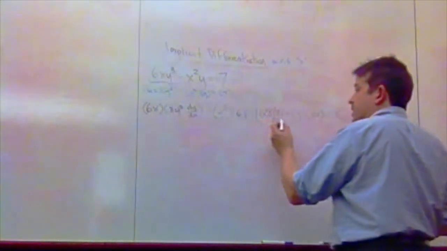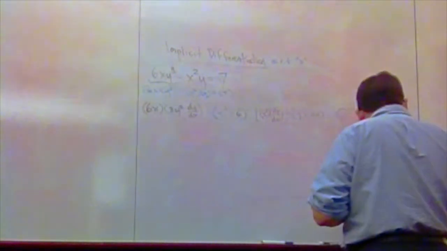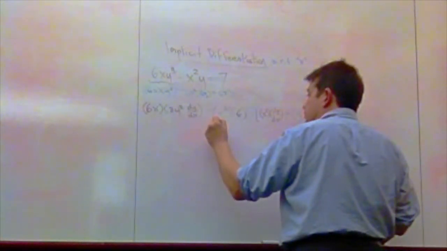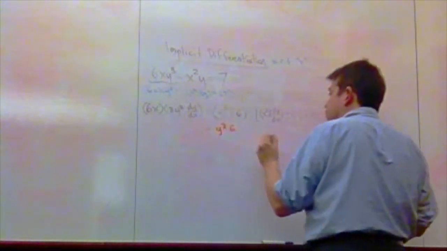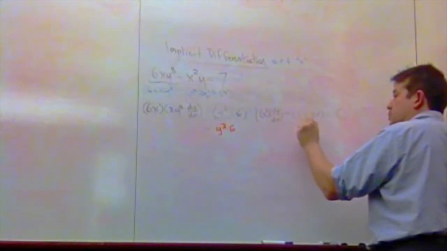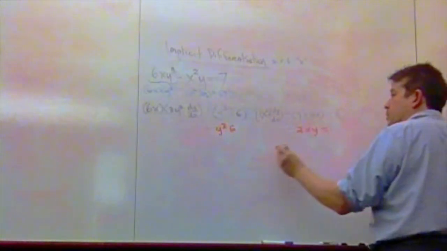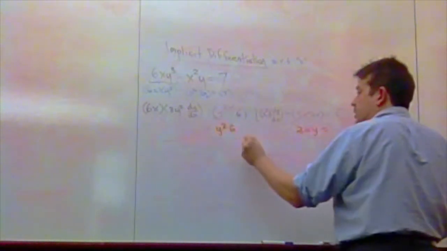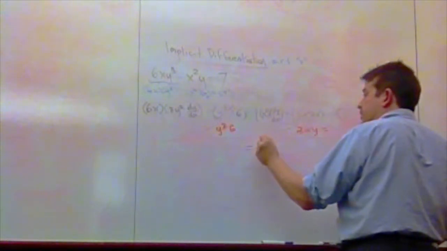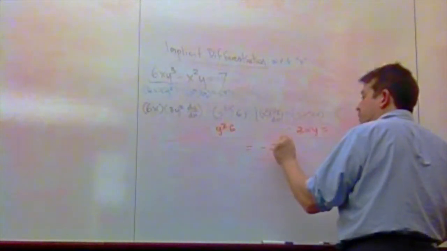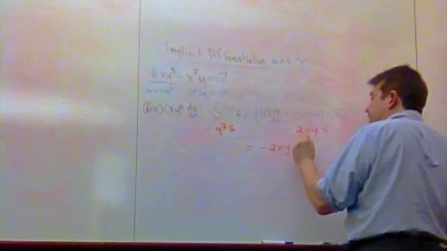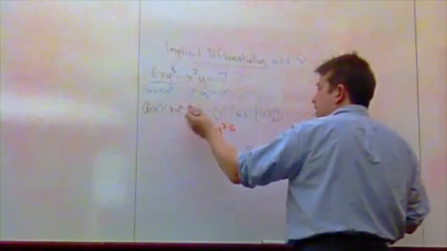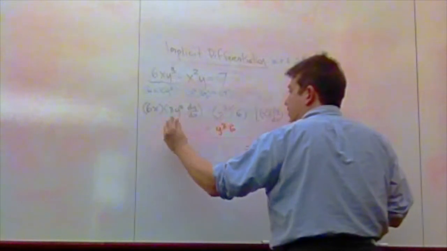Next, what I'll do is subtract these terms and move them to the right, meaning it'll be negative 2xy minus 6y cubed, and then I'll tidy this up.